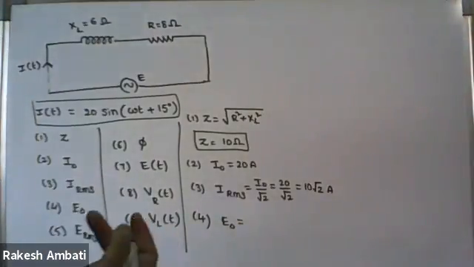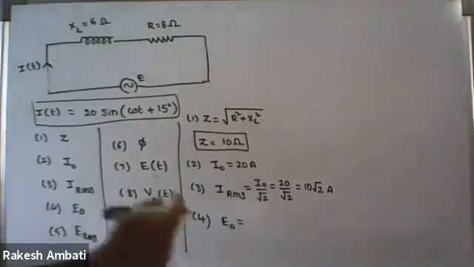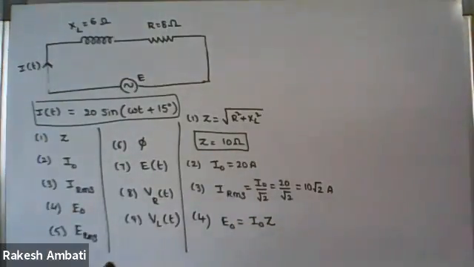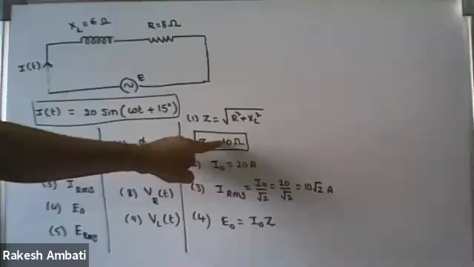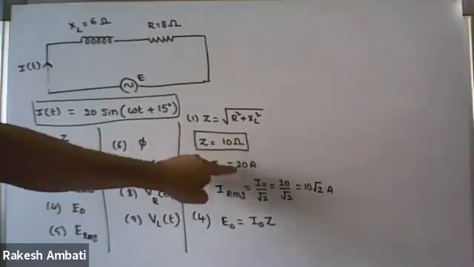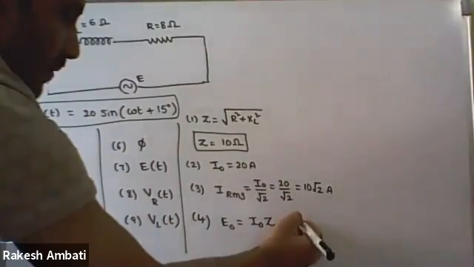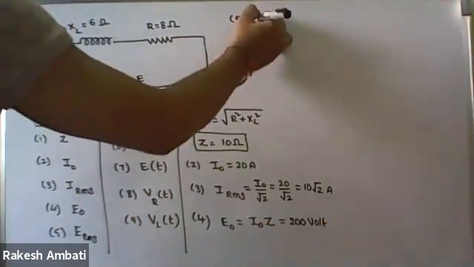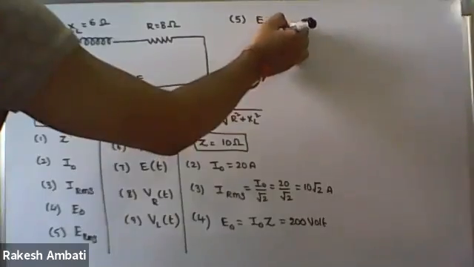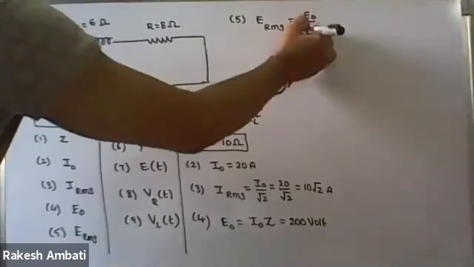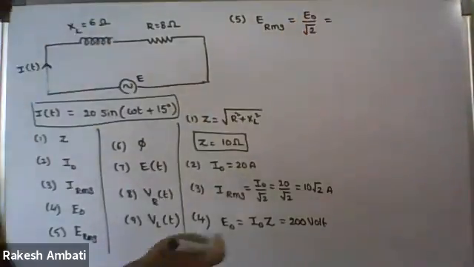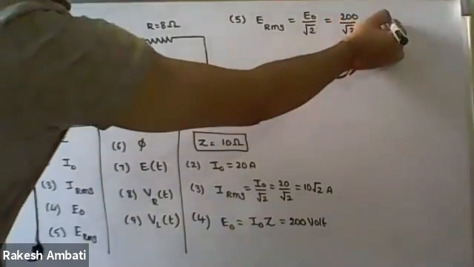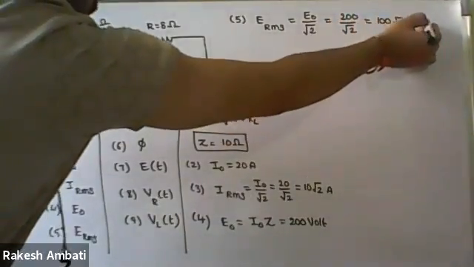According to Ohm's law, E naught is I naught into Z. So 20 into 10 is 200 volt. Next, the fifth question, we are finding ERMS. ERMS is E naught by root 2, so 200 upon root 2 is 100 root 2 volt.